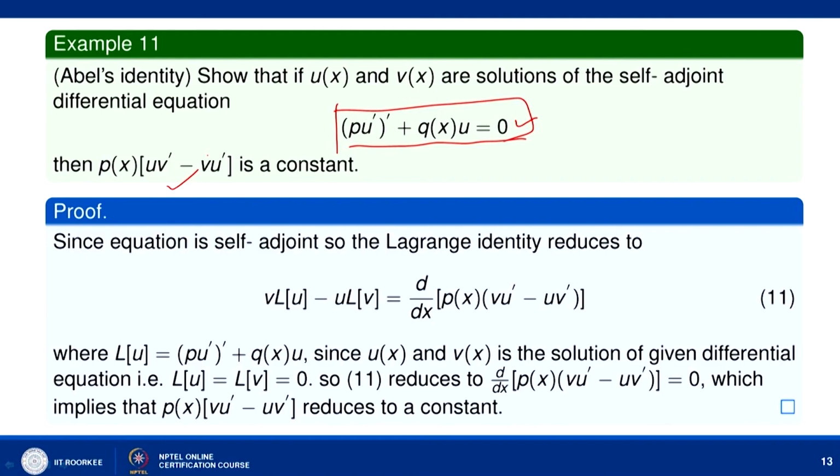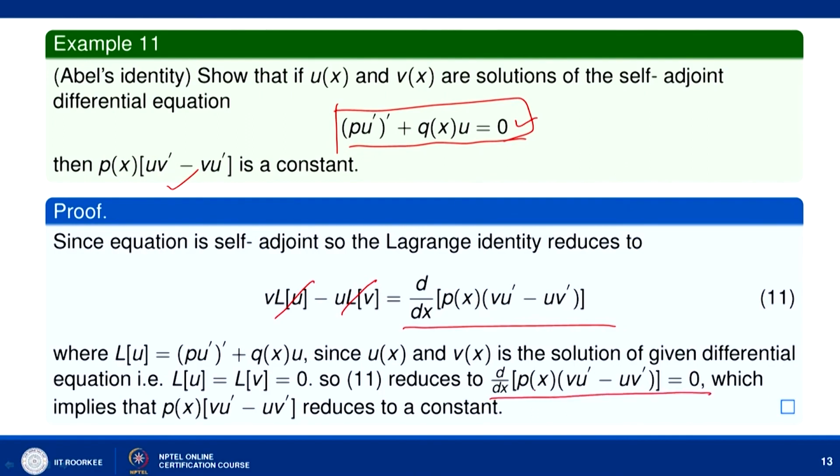This is a straightforward example, because since the given equation is in self adjoint form, we have vLu minus uLv equal to d by dx of p(x)(vu' minus uv'). We already know that u, v are solutions of this, so Lu is equal to 0 and Lv equal to 0. So this part is going to be 0. It means that p(x)(vu' minus uv') has derivative equal to 0, right?